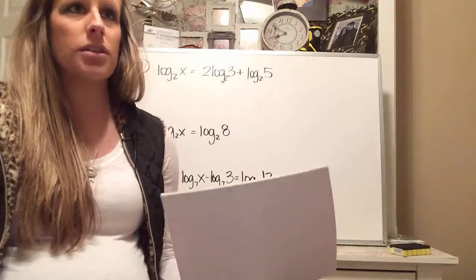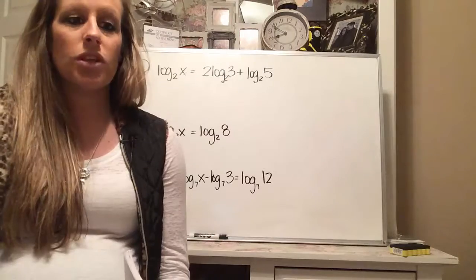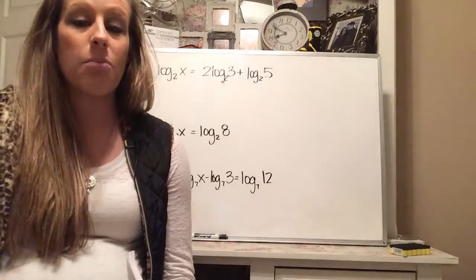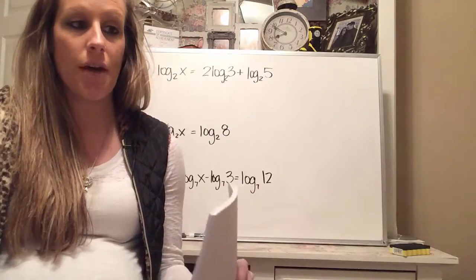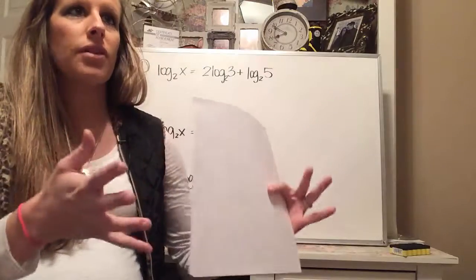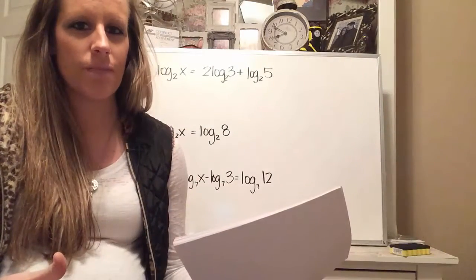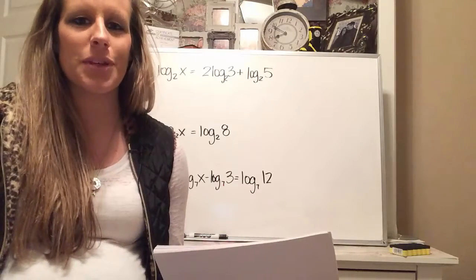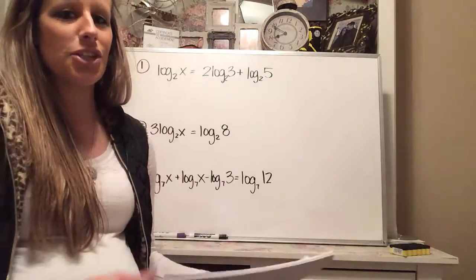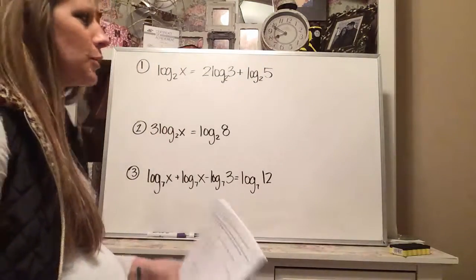I say the same logs, like you want the log of the same base on both sides, and then whatever the log is of, you can set those equal to each other. And that probably sounds really confusing, so let me show you some examples and it makes more sense.